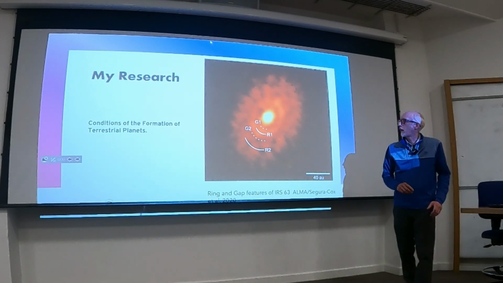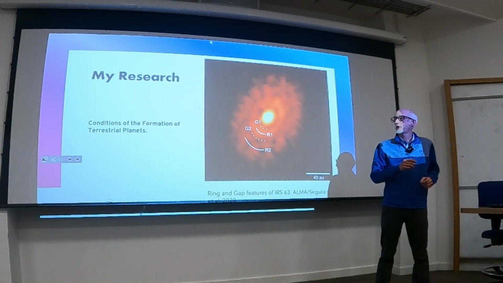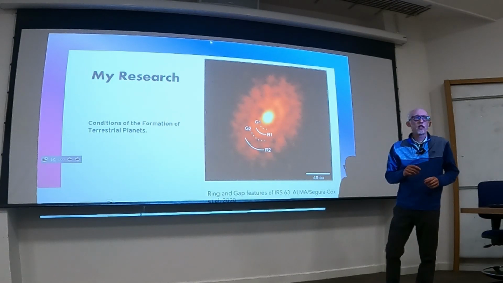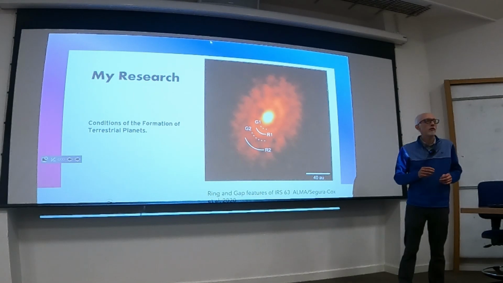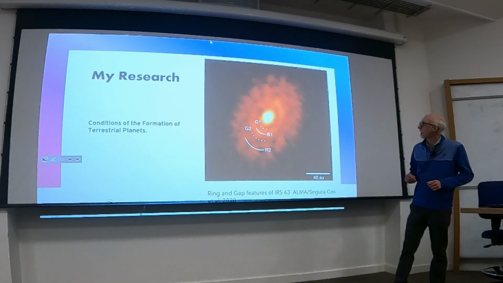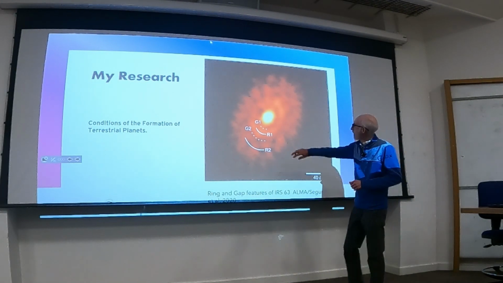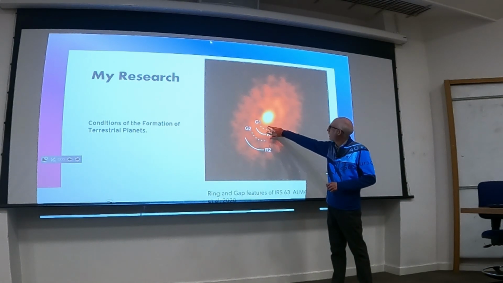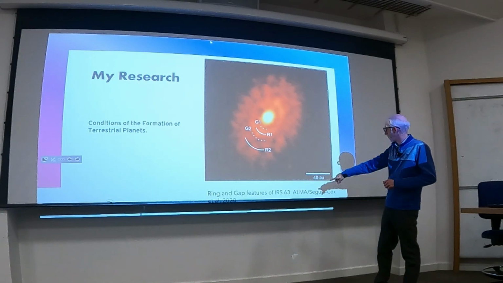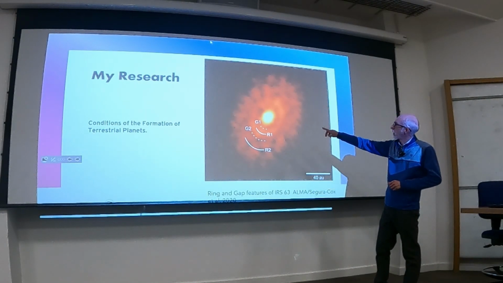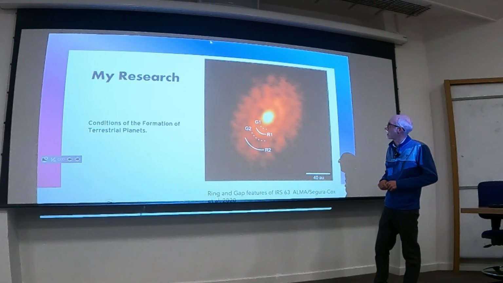I'm part of a bigger project that we're doing to investigate the conditions of the formation of terrestrial planets. So that would be mainly planets that are formed in the inner disk area. This is a picture, it's a bit cut off at the bottom, but this was one of the youngest YSOs ever directly observed about 4 years ago.